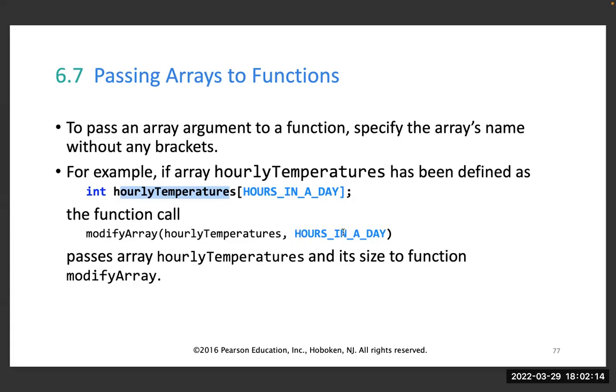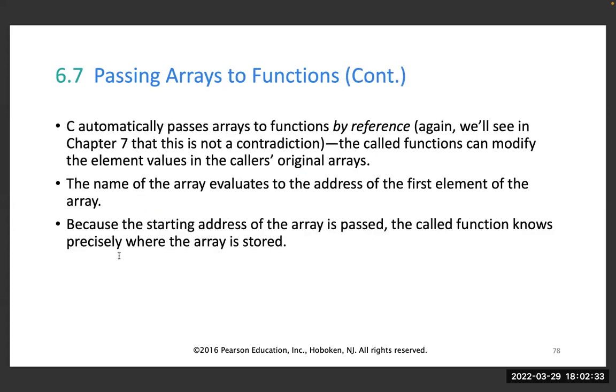Then hours in a day. Usually this should be a symbolic constant. So this will pass the array hourly temperature to this function. C automatically passes arrays to functions by reference.